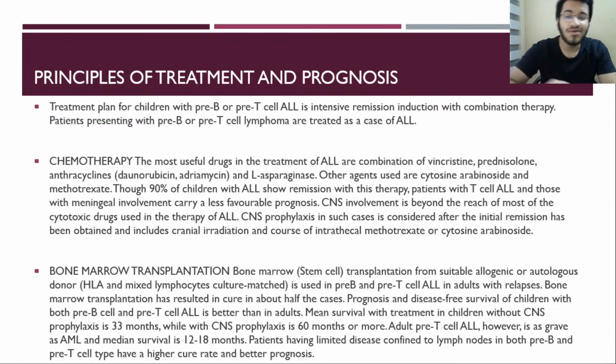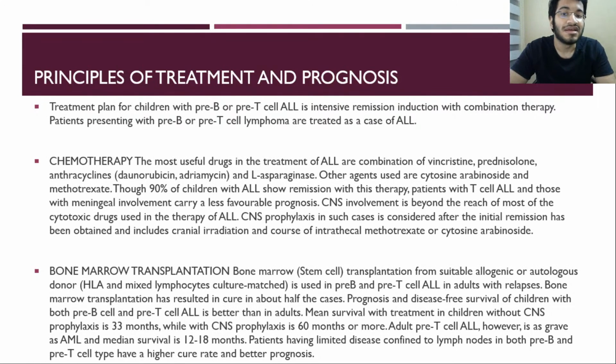And how will you treat this patient, and what is the prognosis? The treatment plan for children with pre-B or pre-T cell ALL is intensive remission induction with combination therapy. Mostly children have pre-B ALL. Patients presenting with pre-B and pre-T cell lymphoma are treated as ALL.